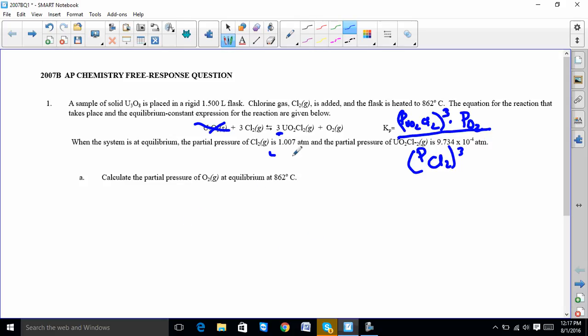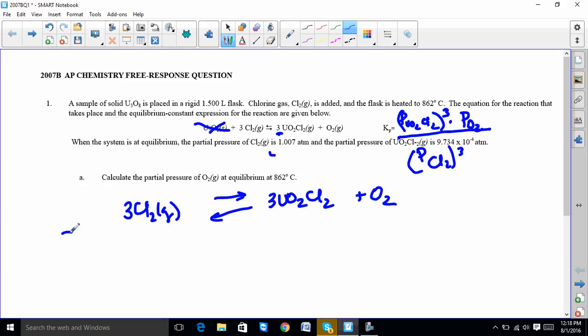Okay. When the system is at equilibrium, the partial pressure of the Cl2 is 1.007. So they're actually giving you equilibrium concentrations. So let me just do this. Let's rewrite it down here. Okay, and so we don't really need to do an ice chart.